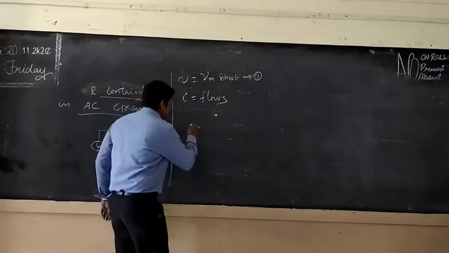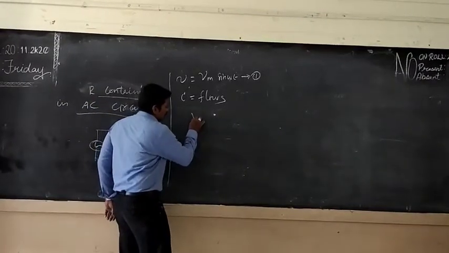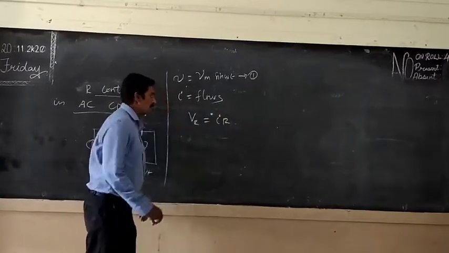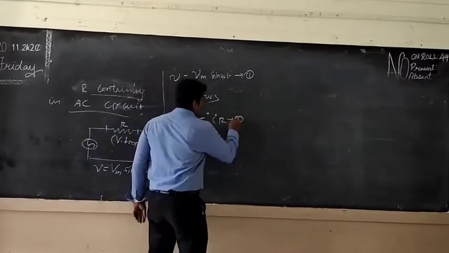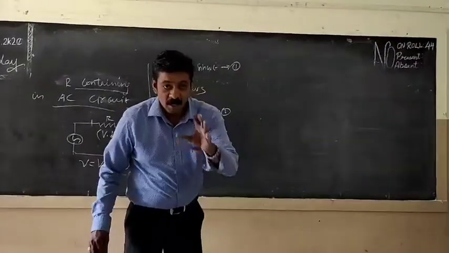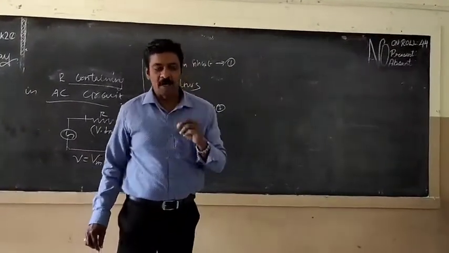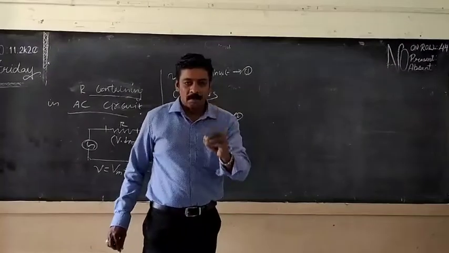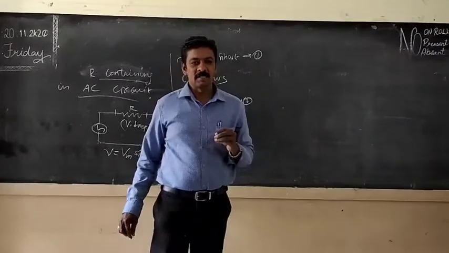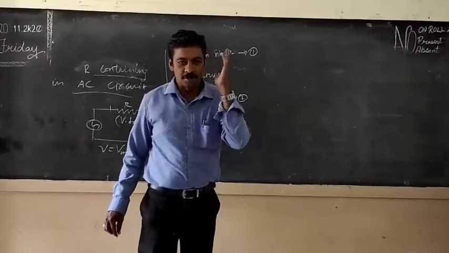That means, what is the potential difference? VR is equal to IR according to Ohm's law, equation number 2. According to Kirchhoff's law, the sum of potential differences in a closed circuit is equal to 0.